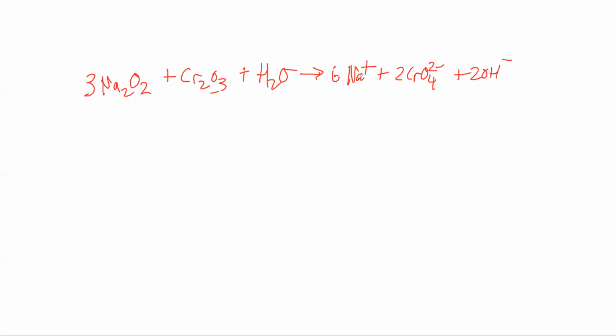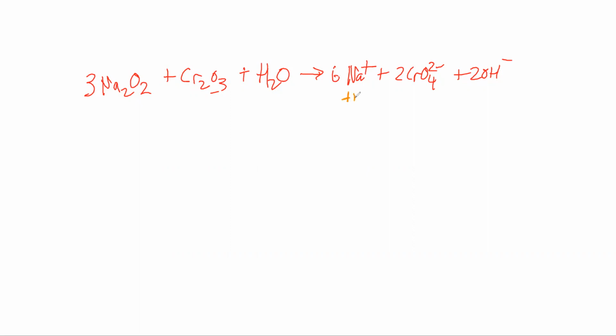As I go through, I generally start with the ones that I know for sure and then work my way back from there. That way, if there's something that gives me a problem, I don't have to jump around right to it. This sodium, I know this one's going to be a +1 because it's an ion.